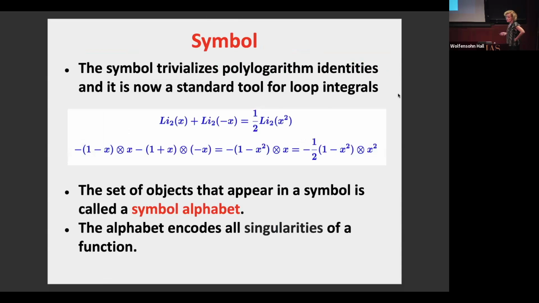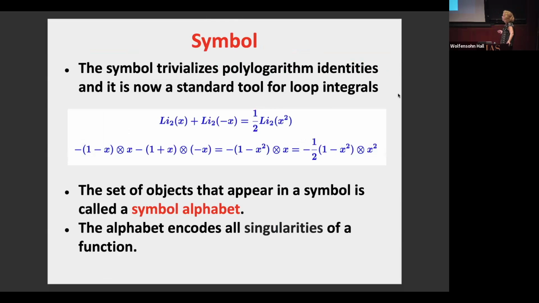Now, why is this useful? It trivializes polylog identities, and it's now a standard tool for dealing with loop integrals. For example, let's take a well-known identity like this. If you take the symbol of both sides, Li2, as I told you on the previous slide, gives minus (1 minus x) tensor x.